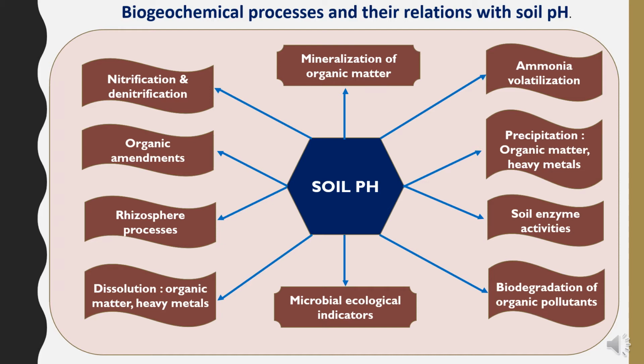Soil pH has a great relationship with mineralization of organic matter, ammonia volatilization, precipitation of organic matters and heavy metals, then soil enzyme activity and biodegradation of organic pollutants, microbial ecological indicators and dissolution of organic matter and heavy metals, rhizosphere processes, organic amendments and nitrification and denitrification. So all these biogeochemical processes are linked with soil pH. Any changes in soil pH will reflect the impact on all these activities.